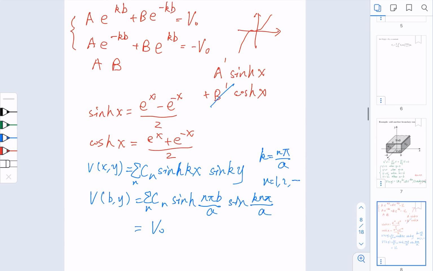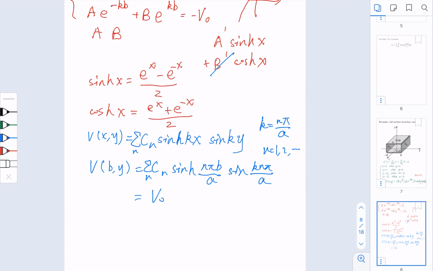Now again, we try to determine the value of the Cn.